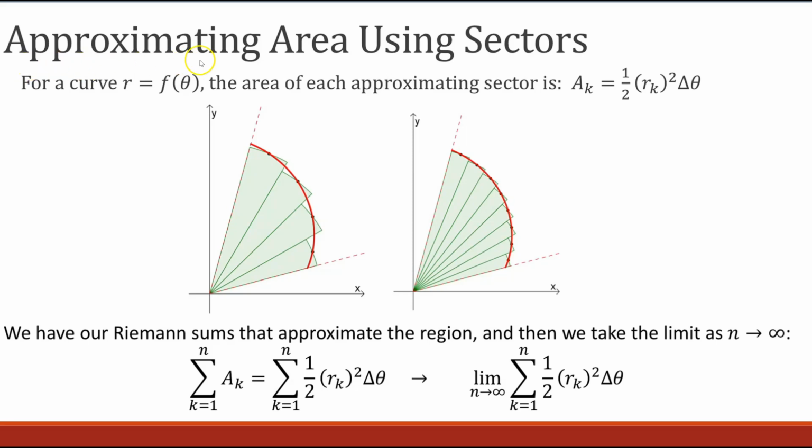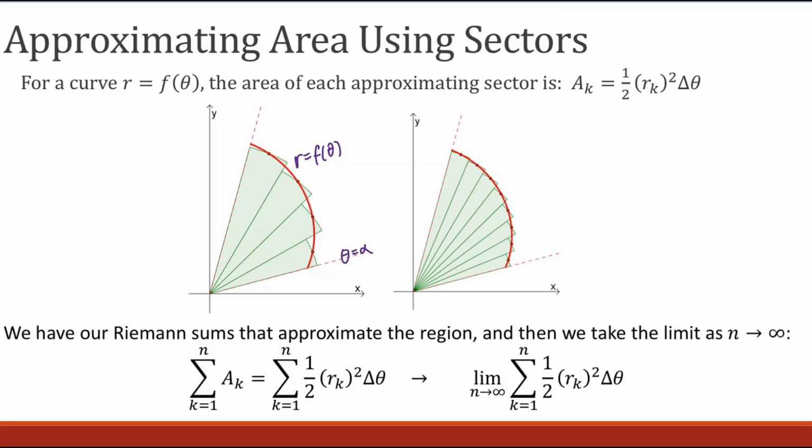Now let's move on to approximating area using sectors. For a curve r equals f of theta, the area of each approximating sector is given by a sub k equals 1/2 times r sub k squared delta theta. Let's look at this graph over here. We have our polar curve r equals f of theta, and we're interested in the area between the two angles.